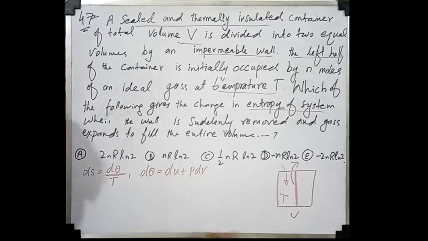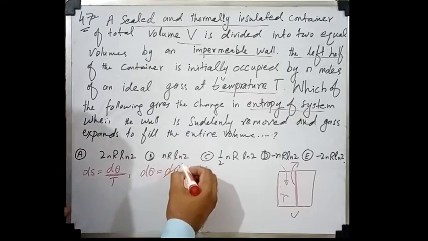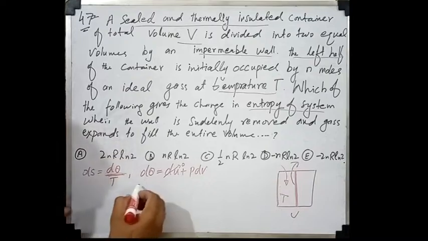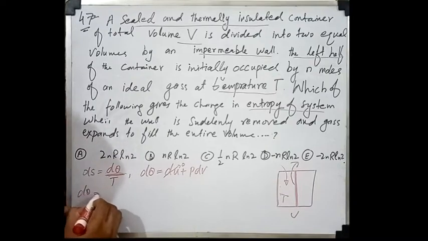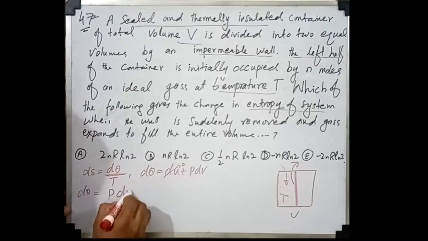Now in this system, because it is thermally insulated, the system temperature will remain constant. If temperature is constant, the internal energy of the system is constant, so dU goes to 0. So dQ will become P dV.